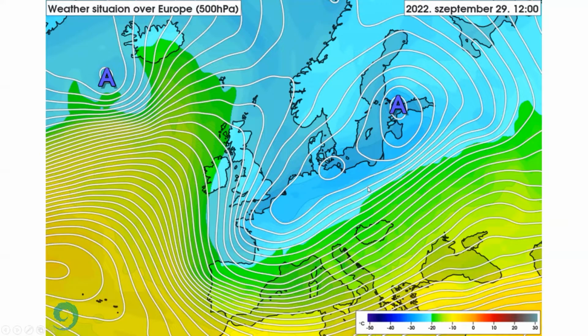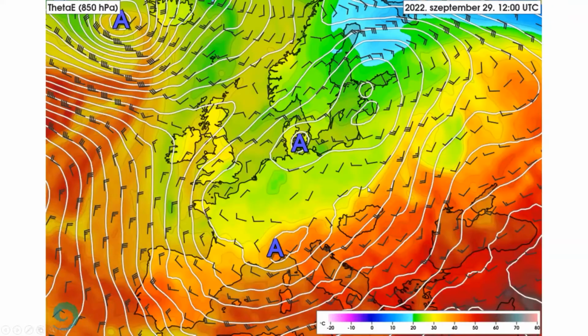So now we can see in this picture the geopotential distribution with the equivalent potential temperature and the wind field at the level of 850 hectopascal. At this level, we can analyze an extensive low pressure system. I would like to show that system.